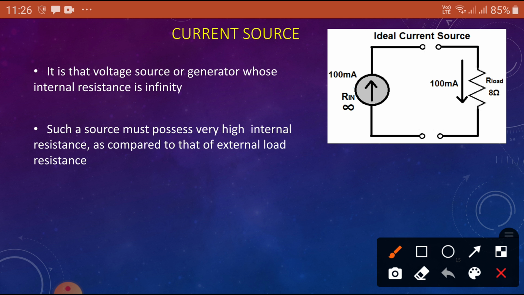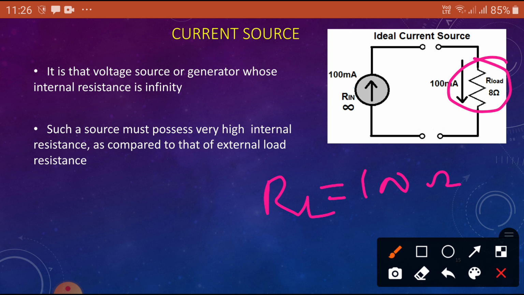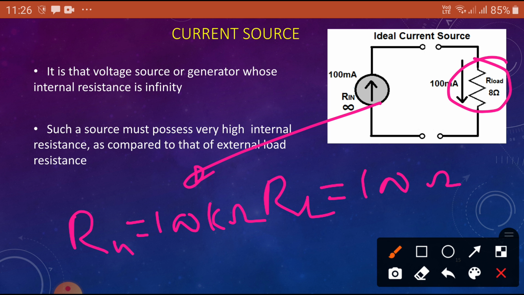That means if RL is, for example, 100 ohms, then the internal resistance Rn should be nearly 100 kilo ohms, in the kilo ohms, or mega ohms sometimes. That is required in an ideal current source.